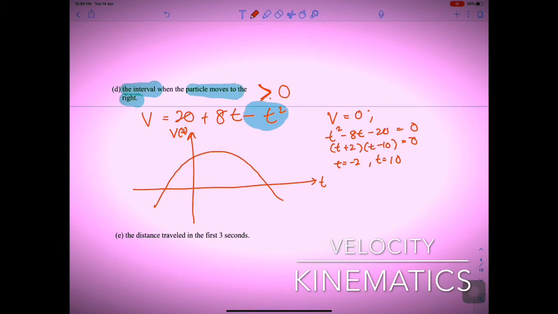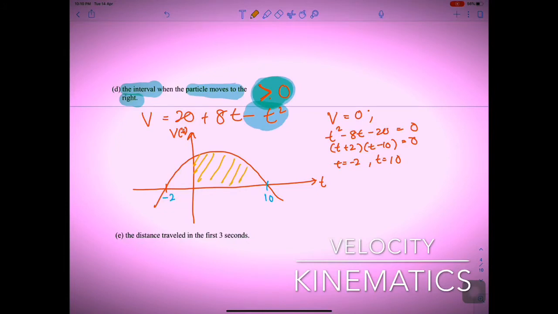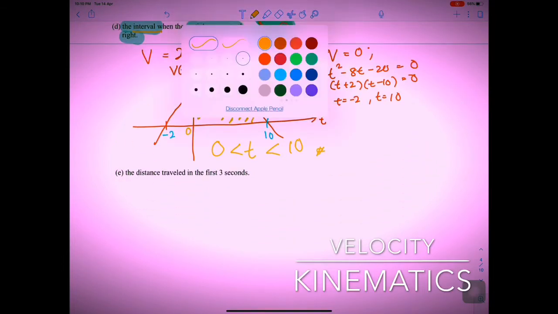Marking t equals 0, this is negative 2 and 10. Because the particle moves to the right when v is greater than 0, we shade the upper part. That means the interval is t between 0 and 10. So this is the answer.